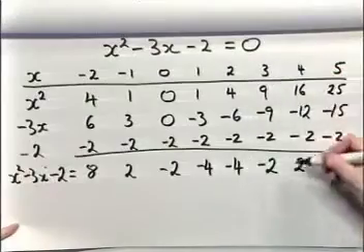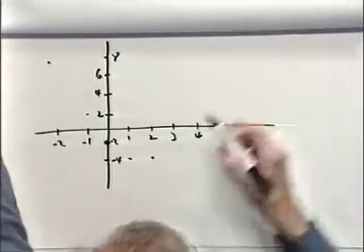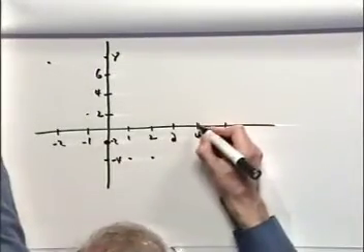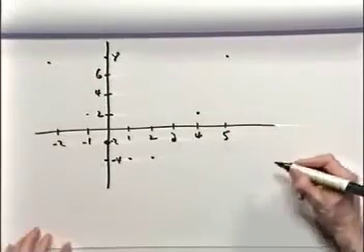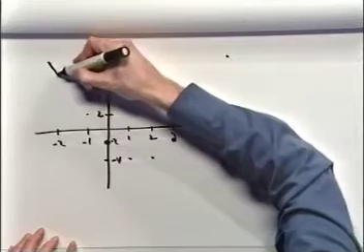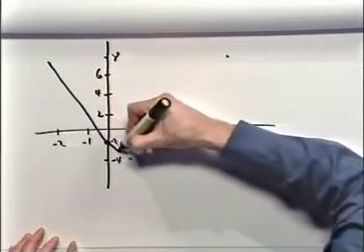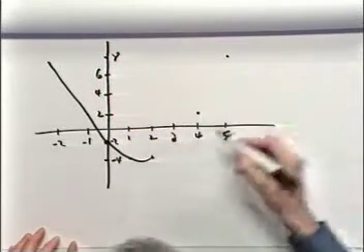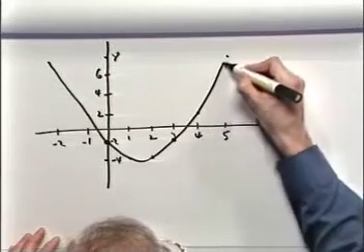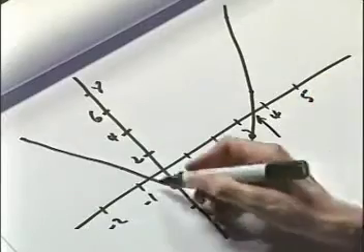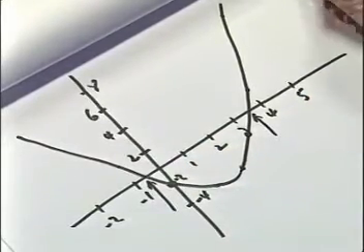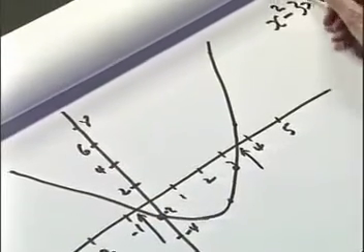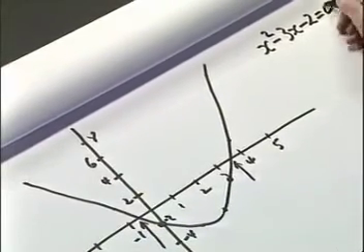At 3 and 4, they were minus 2 and 2, so they were there and there. And at 5, it was back up here at 8 again. So I can get a nice, smooth curve through these points, and then back up to there. And where are my answers? Well, they're here: that one and that one. Those are the values of x for which x squared minus 3x minus 2 equals 0.